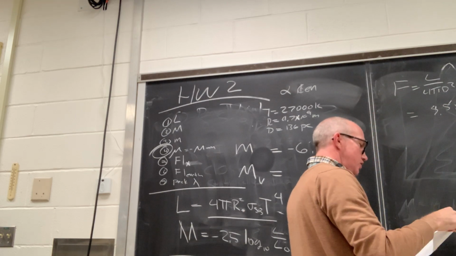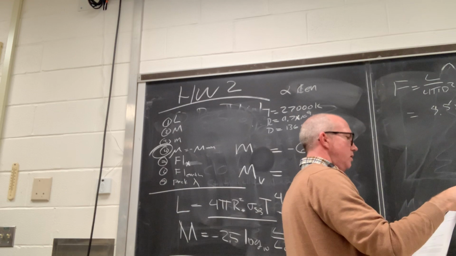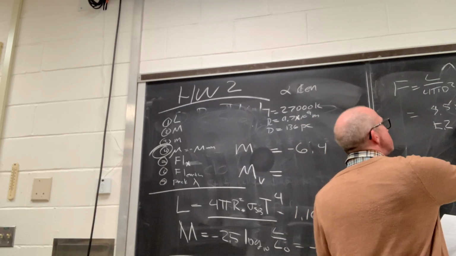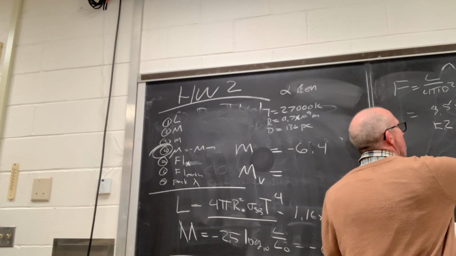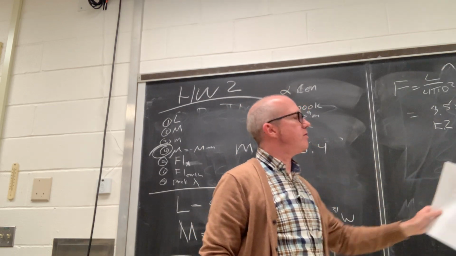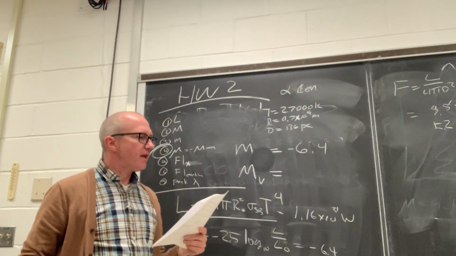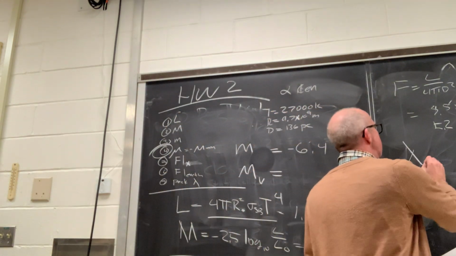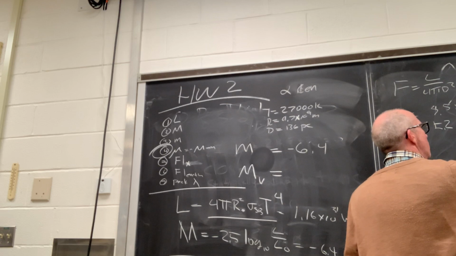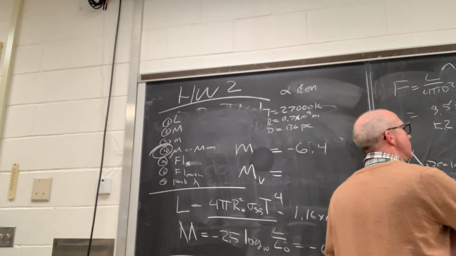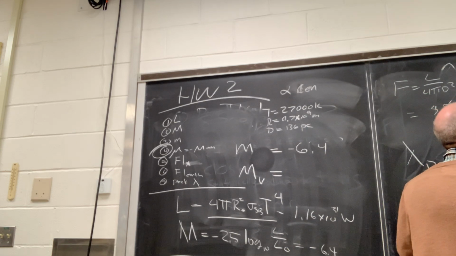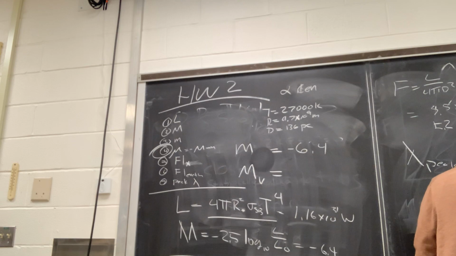And at the Earth's surface, something like 5.2 times 10 to the minus 8 watts per meter squared. So something on the order of 10 and something on the order of minus 8. And then the peak wavelength is just 2.9 millimeters over the temperature in Kelvin, and you get 103 nanometers, which is much smaller than the visual.